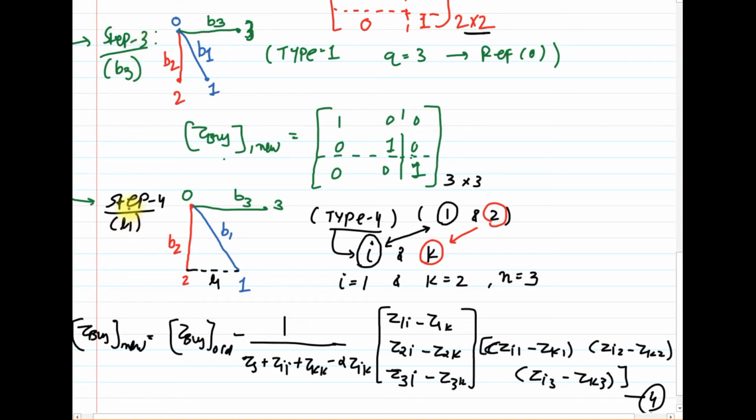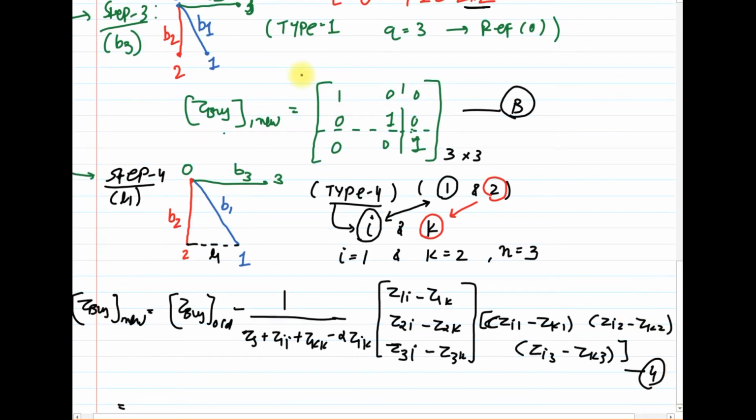That means the value of the Z bus matrix from our previous modification. For step 4, the previous modification is step 3, and we have derived this matrix, which is the old bus matrix for step number 4. So the final answer of step number 3 becomes the old matrix for the new step, step number 4.